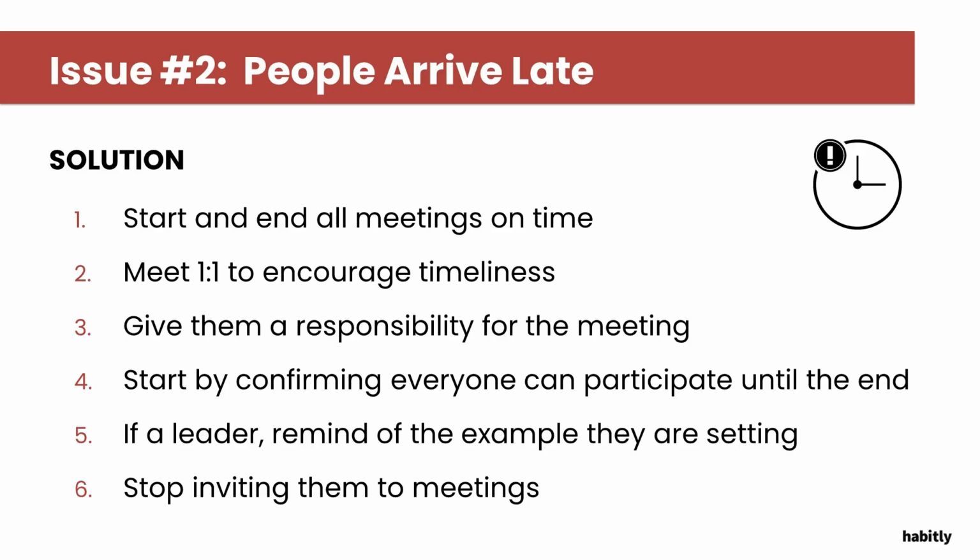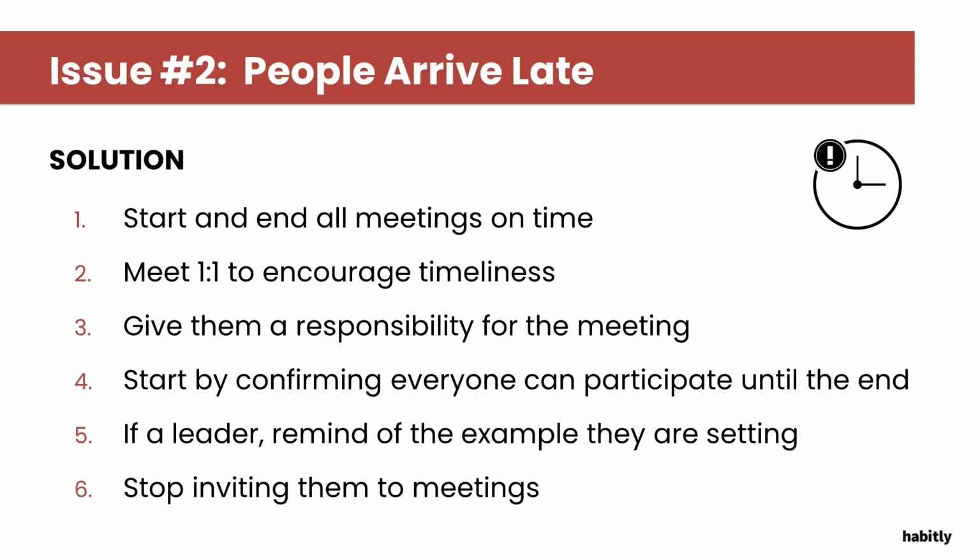Number five, if you're the leader or facilitator, you want to set a good example, but also if you have leaders attending, remind them of the example they set in the meeting. In other words, they shouldn't be on their phone. They shouldn't be doing email. They need to be fully engaged in the meeting. This is a one-on-one conversation to have with leaders before you have the meeting.